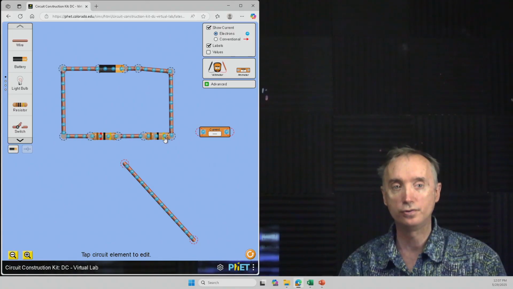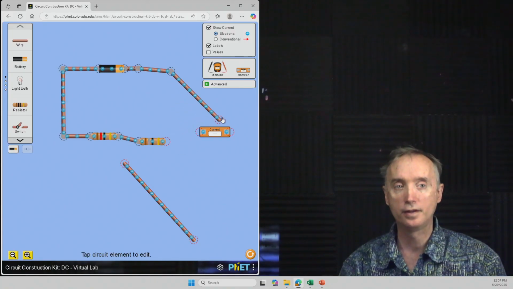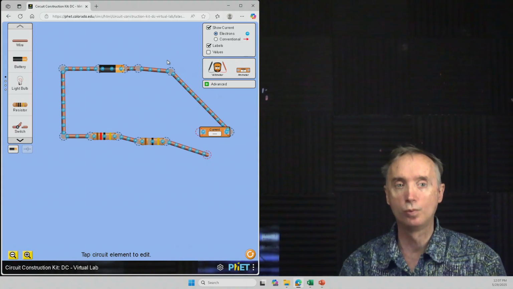So we need to cut this open, and then insert our ammeter, and I'll let you do it, so that it makes one complete circle. That's the way that you use an ammeter to measure current.